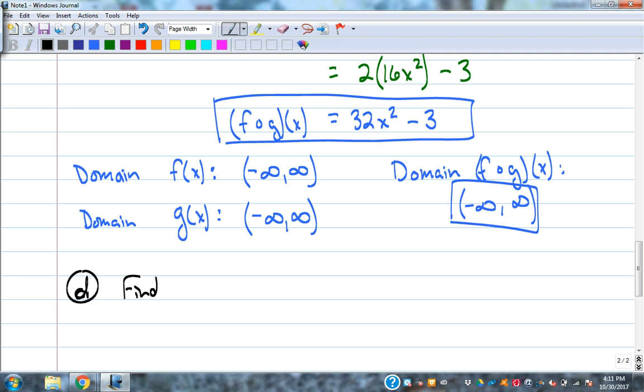D says find f composed with g of 2. That means you're just going to take 2 and work it in that problem.